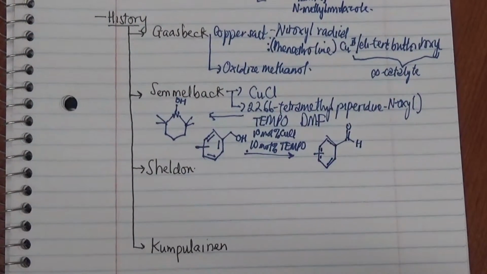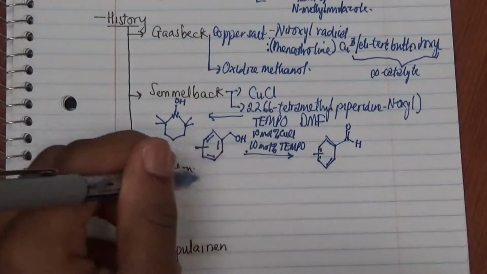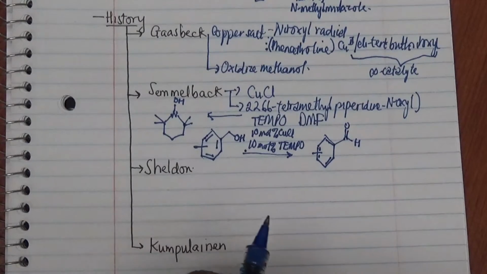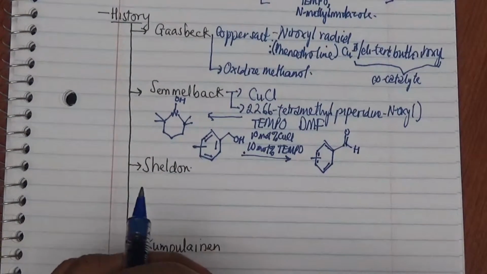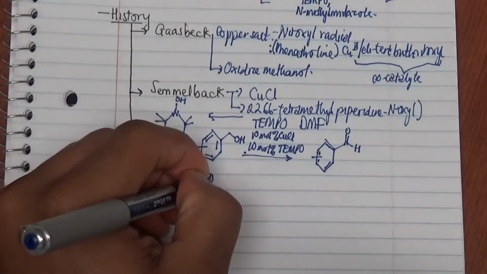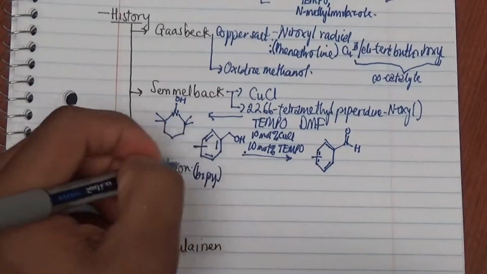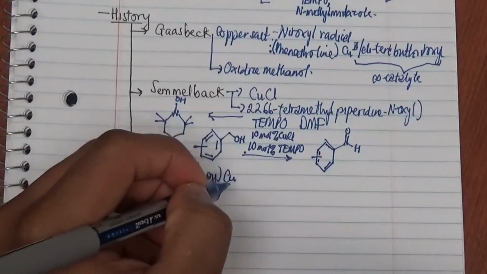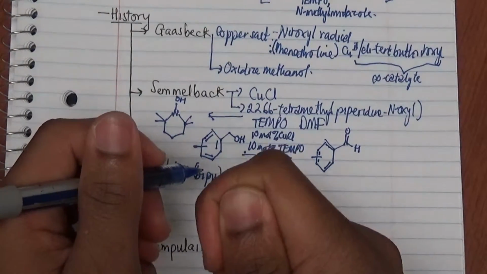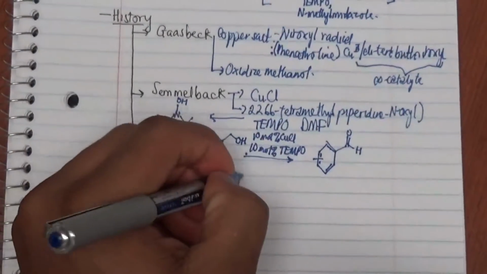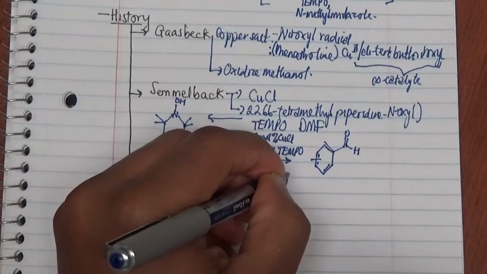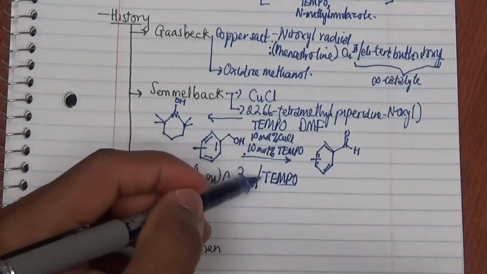The next scientist that followed was Sheldon, and what Sheldon did was that he developed another ligand that will be attached to this metal, which is still copper. He used bipyridine, a ligand that's attached to copper. However, he included a particular halogen called bromine. So in here, bromine was introduced in the presence of TEMPO, which is an addition to what we had previously.